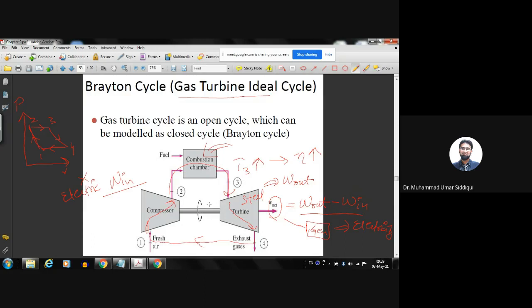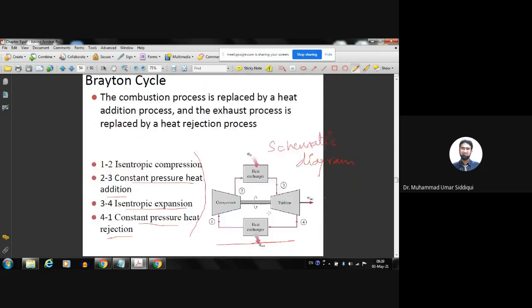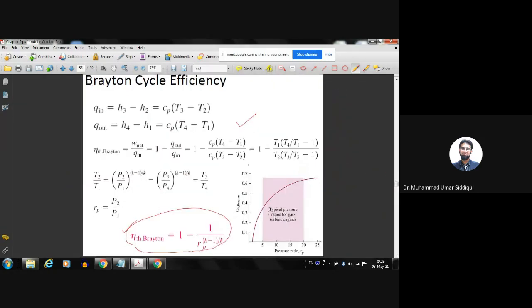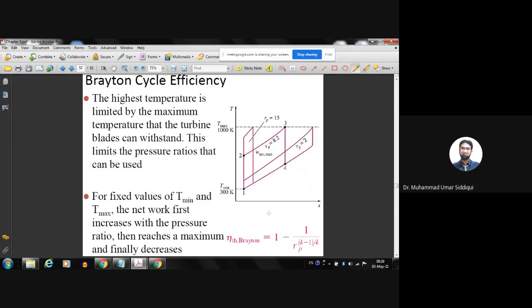That limit on the maximum temperature is going to limit the efficiency of the Brayton cycle. So we have this thing shown here. That maximum temperature is eventually going to limit everything. It is also going to limit the pressure ratio that we can actually achieve.